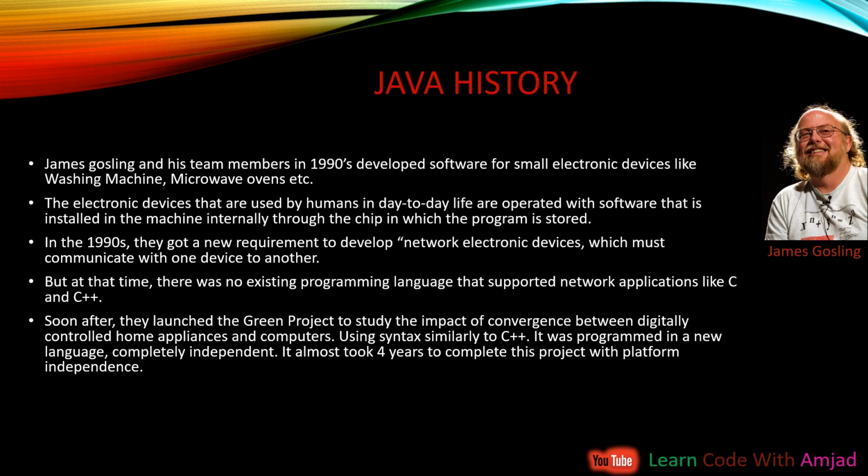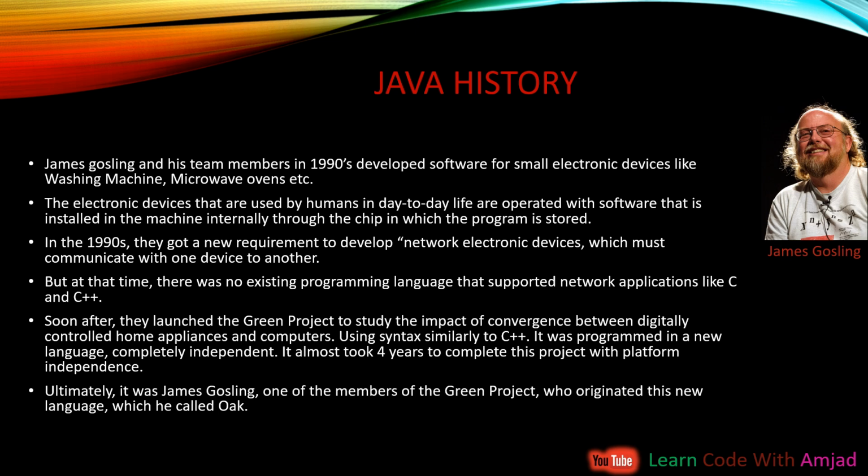Ultimately, it was James Gosling, one of the members of the Green Project, who originated this new language, which he called Oak. Oak is a tree name, which is a very strong and popular tree. So James Gosling wanted to take the project name as Oak, but unfortunately the name was already registered by another product.